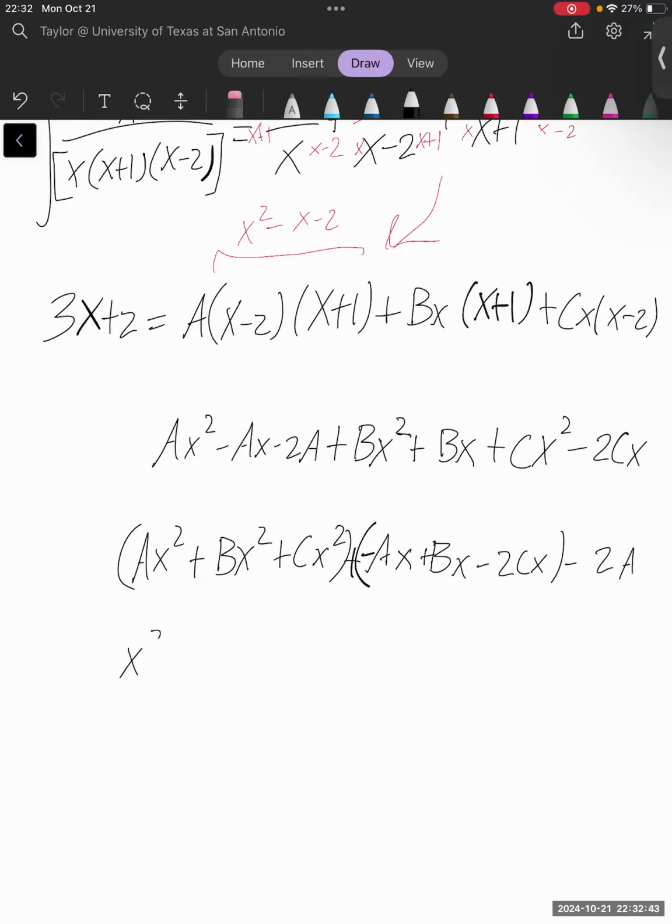I'm going to have x squared times (a plus b plus c) plus x times (negative a plus b minus 2c) minus 2a.